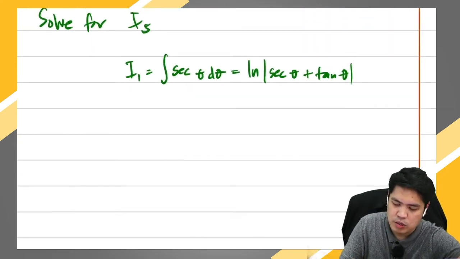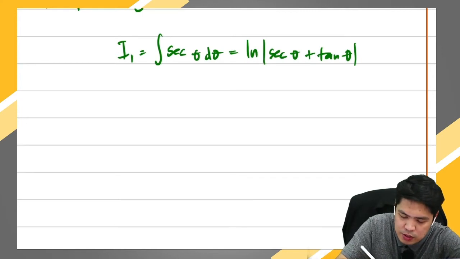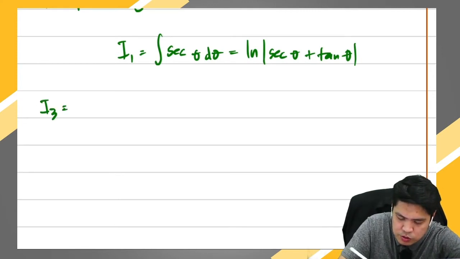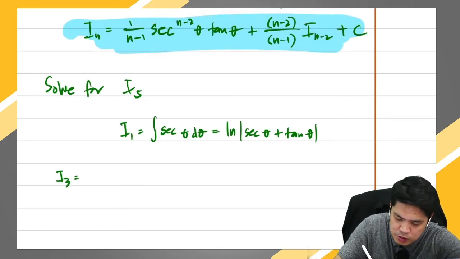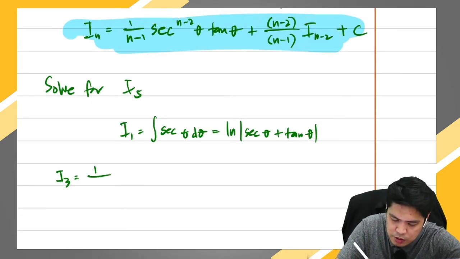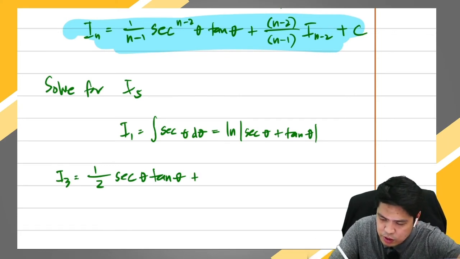Okay? We won't write the c anymore. Then we have I sub 1, so let's solve for I sub 3 using the reduction formula. I sub 3 is equal to 1 over 3 minus 1 secant 3 minus 2 theta tangent theta plus 3 minus 2 over 3 minus 1 I sub 3 minus 2, which is I sub 1.